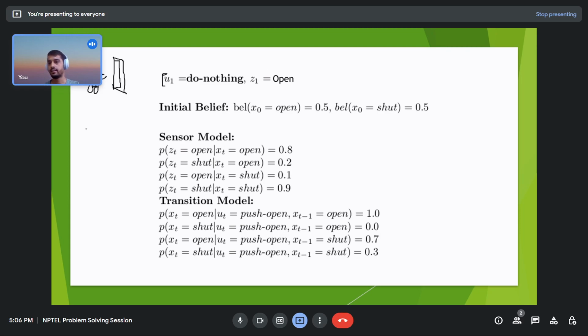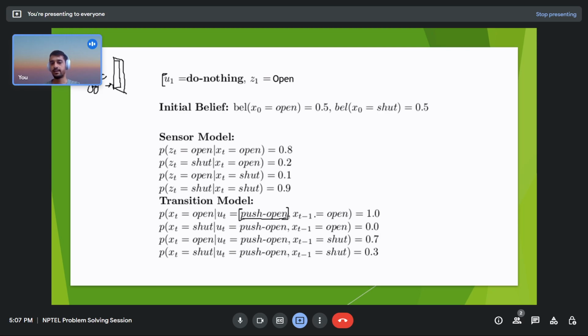It can tell by checking manually, and how does it check? It pushes. So that is what we have been given here. It can try to push the door.